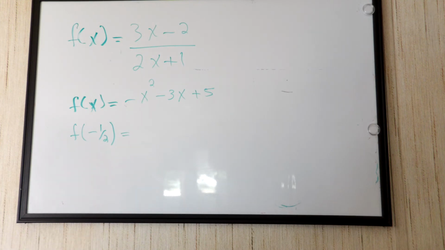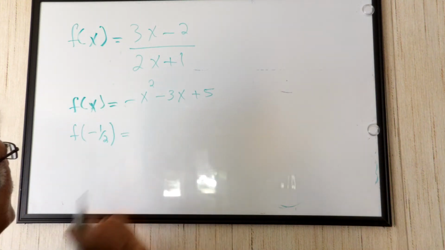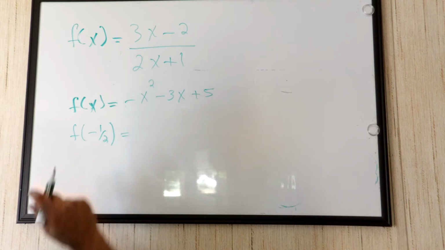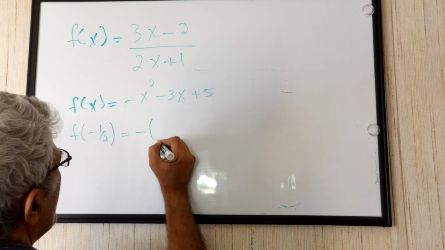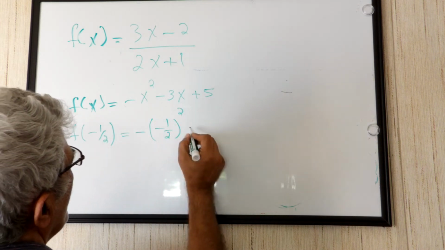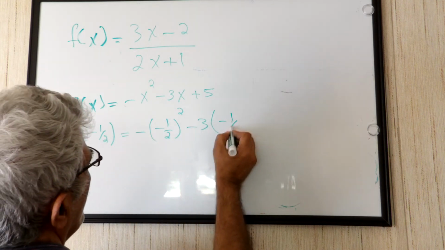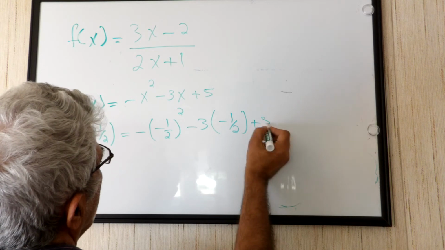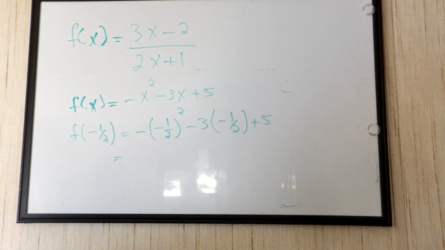It's the substitution. It means in this equation, for x we put minus 1 over 2. So we write x, minus 1 over 2, to the power of 2, and then we have minus 3 times minus 1 over 2, plus 5.